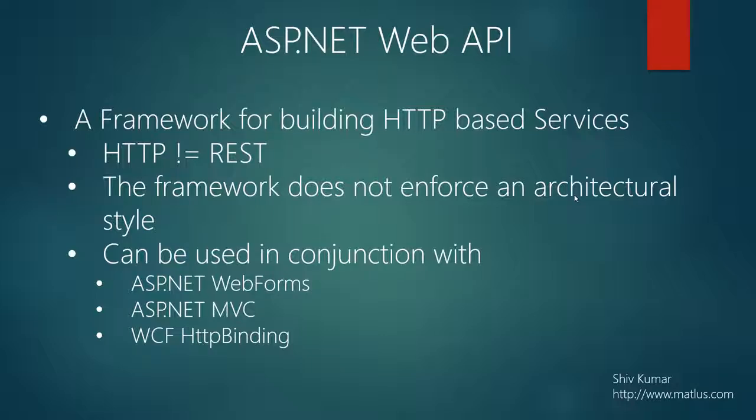HTTP is a sort of larger encompassing protocol. REST happens to be an implementation, if you will, of that HTTP protocol. So with the Web API toolkit, we are able to build HTTP based services. They may or may not be REST or RESTful services, but they're certainly HTTP based services.